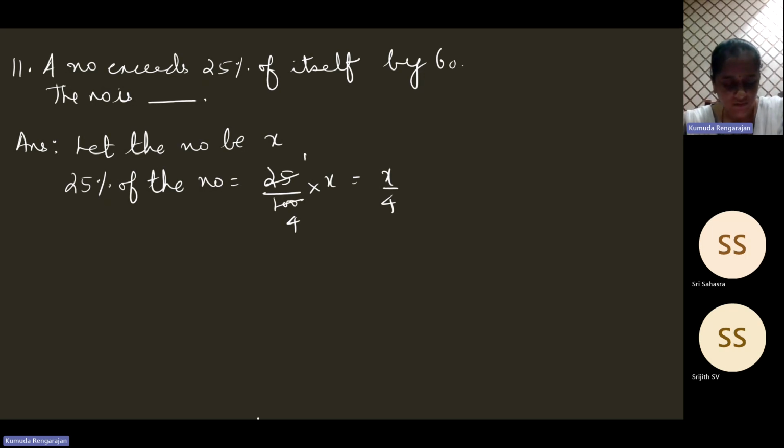Now what is given? Which is greater? A number exceeds 25% of itself.